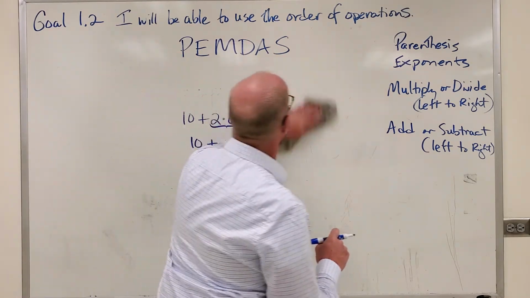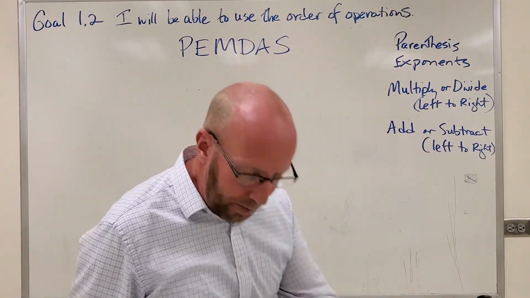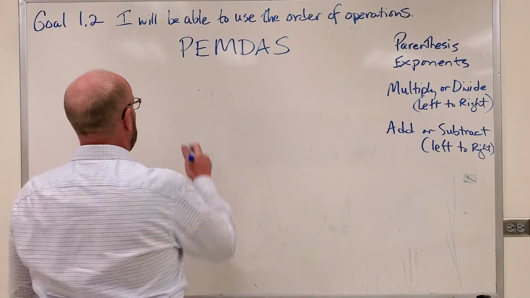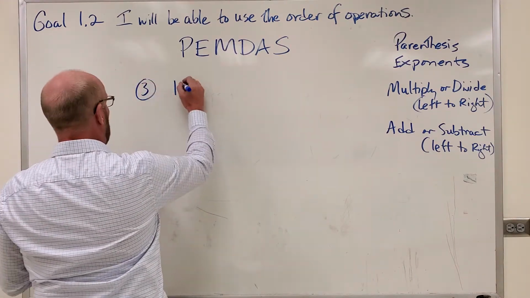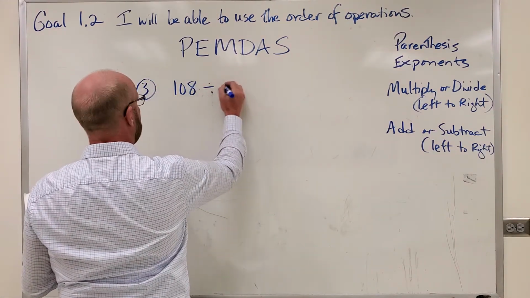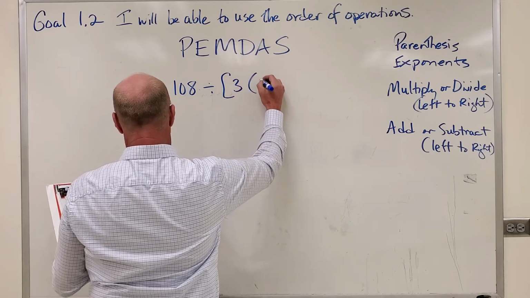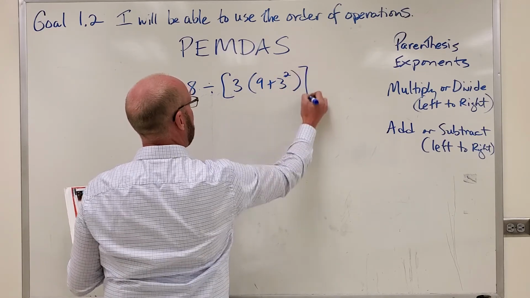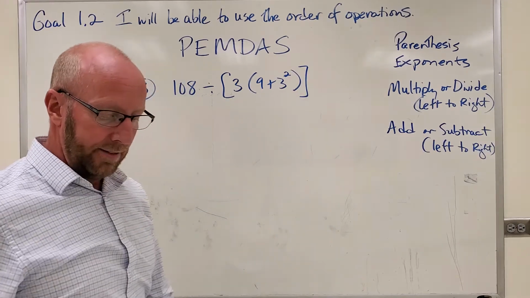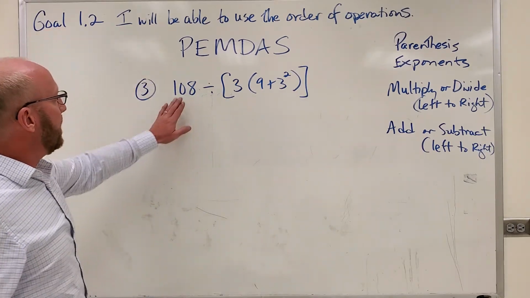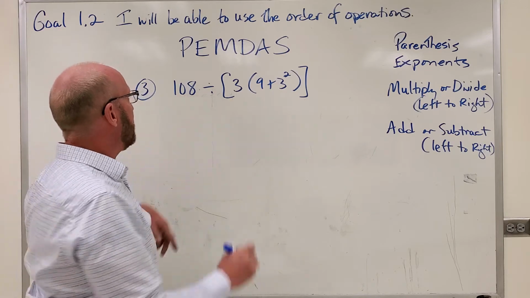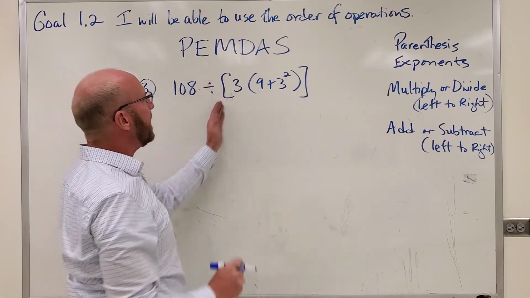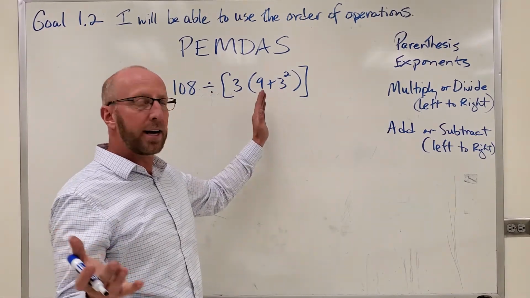Let's do a problem with powers. Here's my third example: 108 divided by 3, parenthesis, 9 plus 3 squared, parenthesis, bracket. Okay, so I have 108 divided by, but then I have a bracket, so I'm going to have to deal with that bracket first.